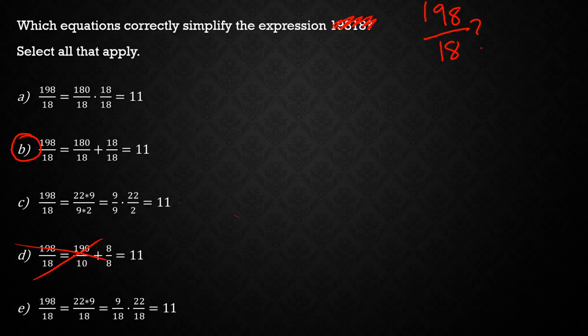What we could also do instead is leave our denominator the way it is with that 18, and try to break up the numerator. When we're breaking up the numerator, we are trying to see what numbers I can pull apart and factor into, meaning what two numbers do I multiply together to get 198?